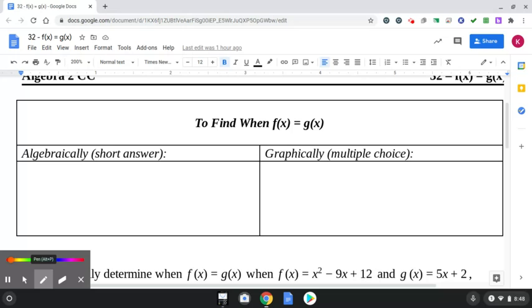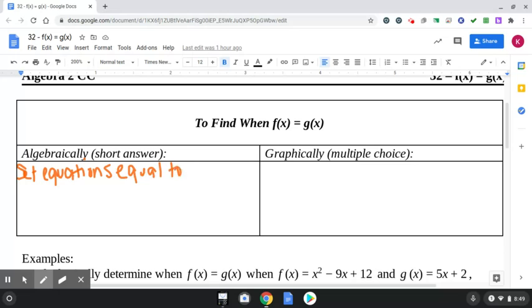You would set the equations equal to each other. Then you would solve.